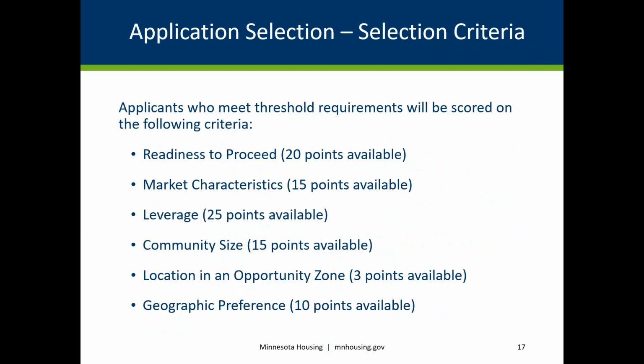Next category is leverage, and there are 25 points available for that category. What we're looking for here is basically the funding request as a percentage of the total development costs. So you can request up to 25% of the total development costs, but less than 25% will get additional points.